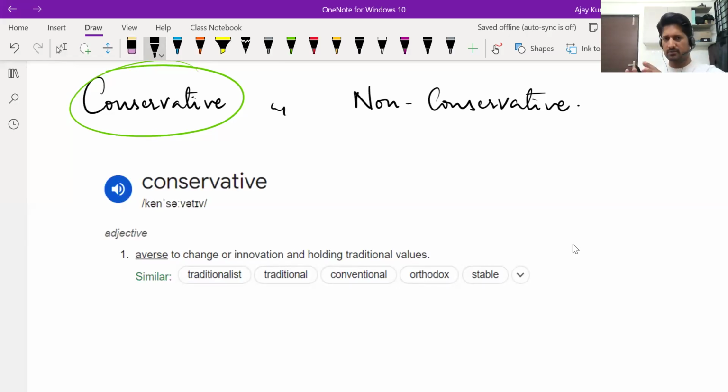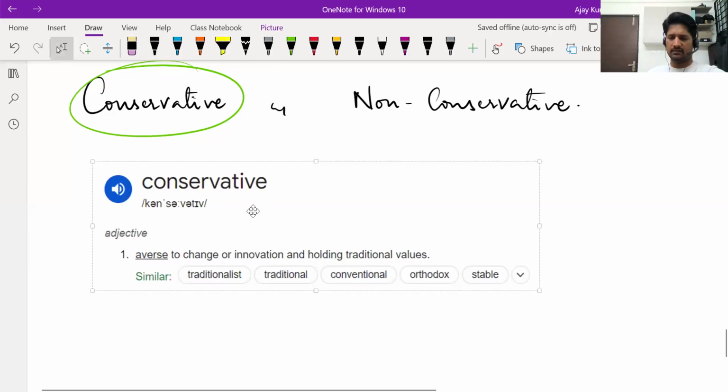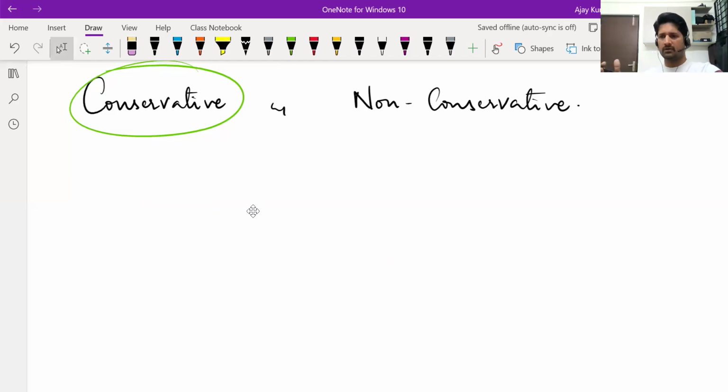Now what that something is also we'll discuss, but there's something they keep constant. That's why they are called conservative. Non-conservative forces, on the other hand, make that thing vary. They are called non-conservative. And the thing we are talking about is something called mechanical energy. But we first need to talk about conservative, non-conservative forces. Then we can talk about mechanical energy.